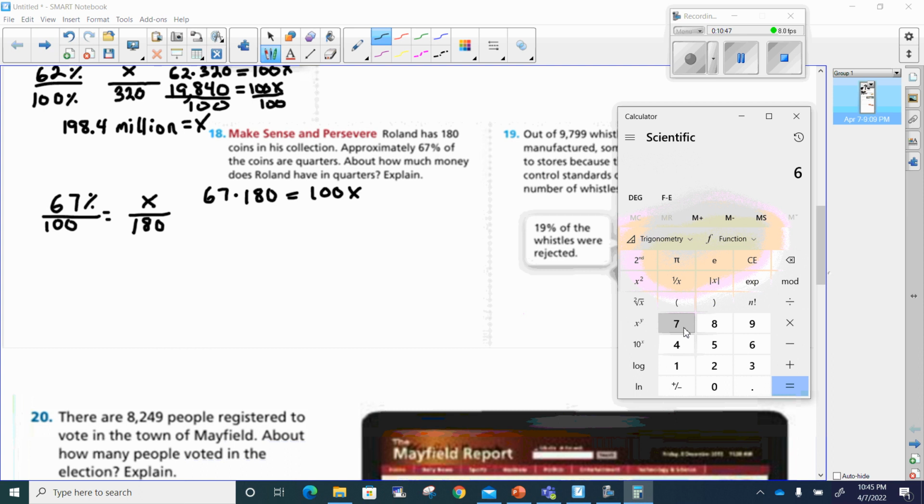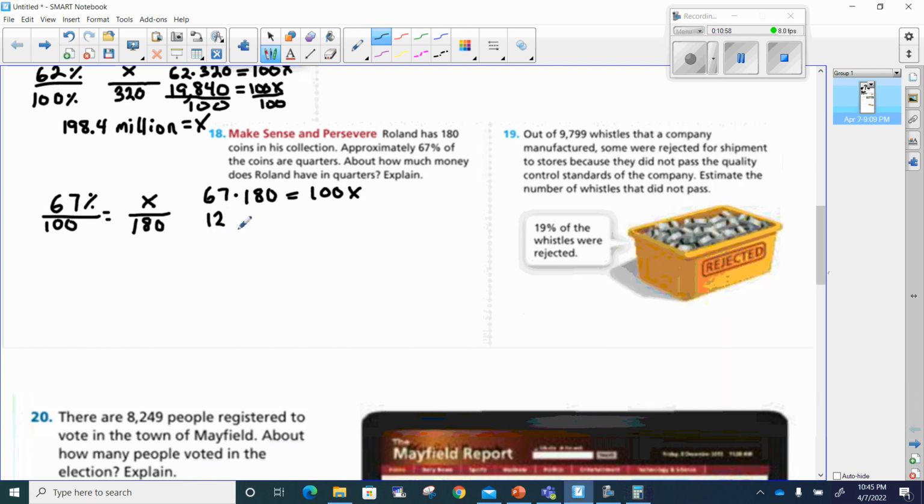Well, 67 times 180 is equal to 12,060. That equals 100x. When I divide 100 away from 100x, I have to divide it from 12,060. That moves my decimal over two spaces.